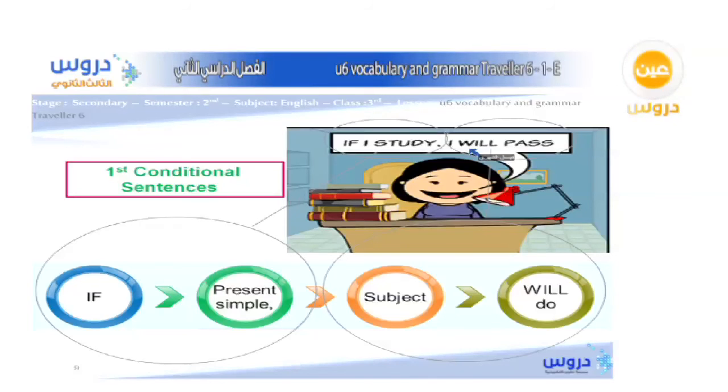The subject is sometimes a pronoun or even a noun, whether the name of a person or the name of a thing. Okay, pass is the action, but the subject is I. Okay, you can see it. I will pass. The subject here is I.